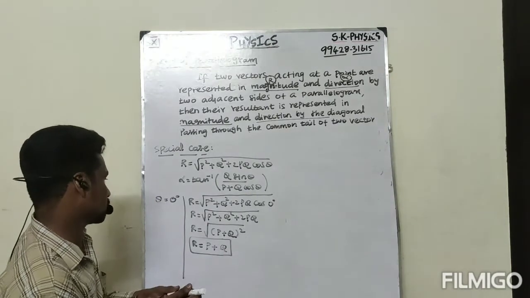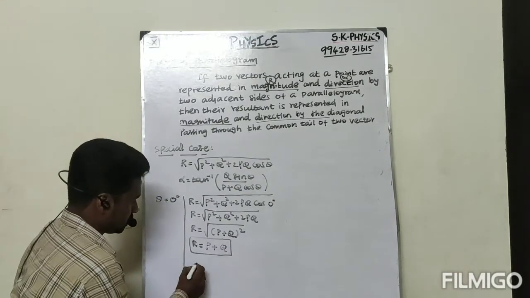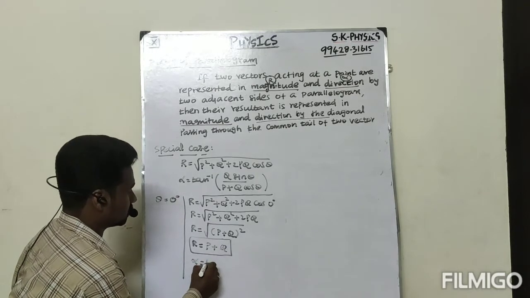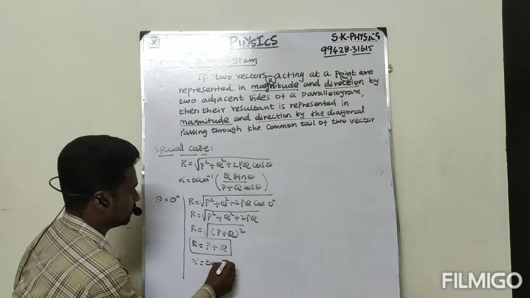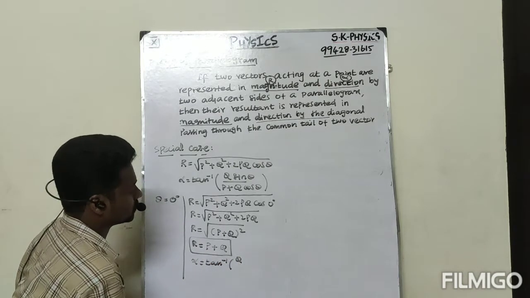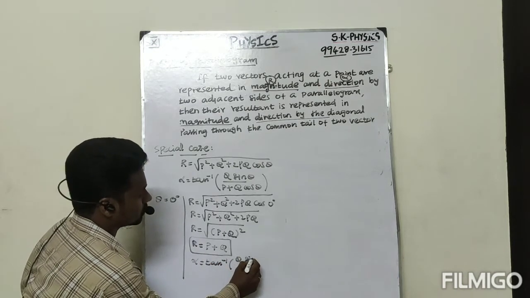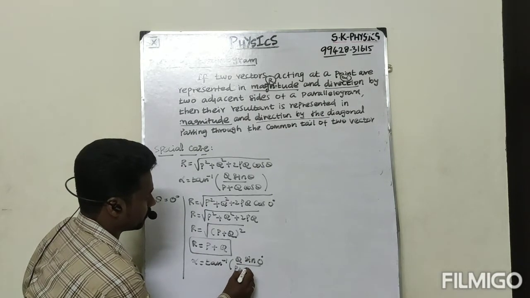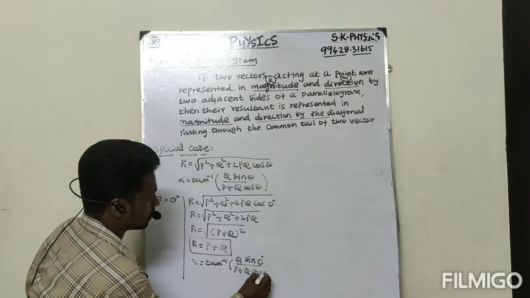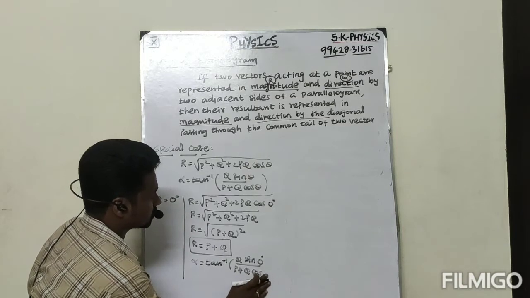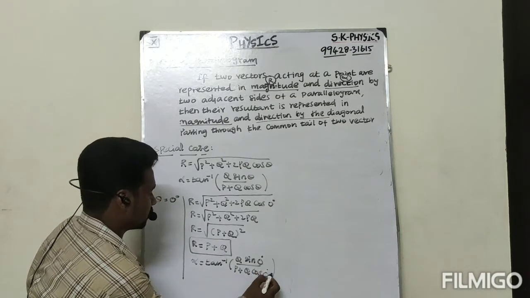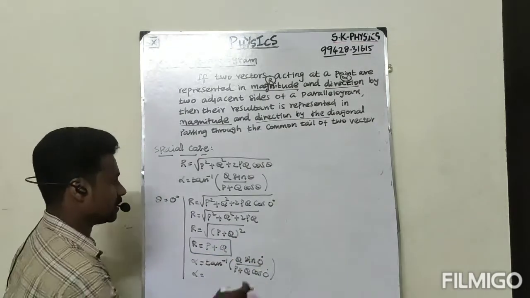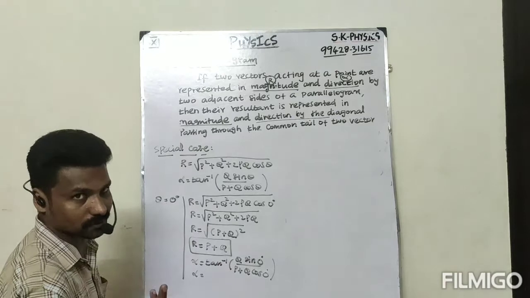Suppose the angle alpha is equal to tan inverse of Q sin 0 divided by P plus Q cos 0 degree. But you know very well the value of sin 0 degree is equal to 0.